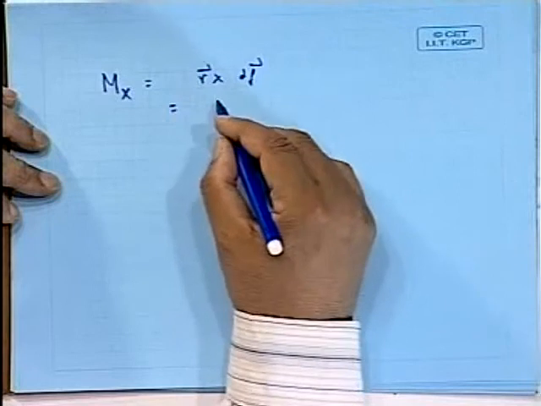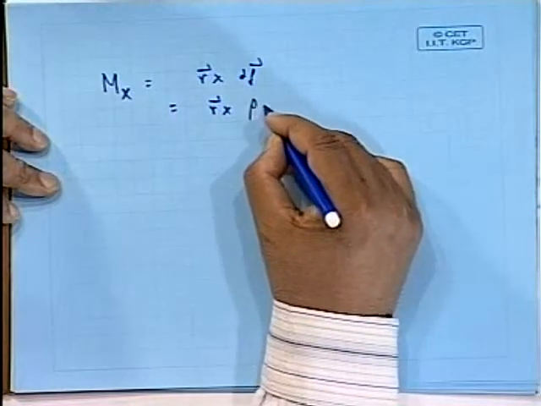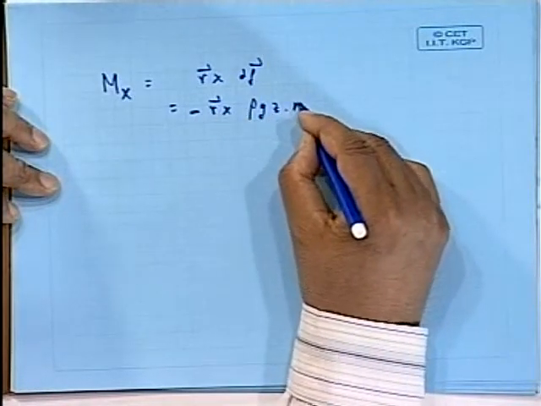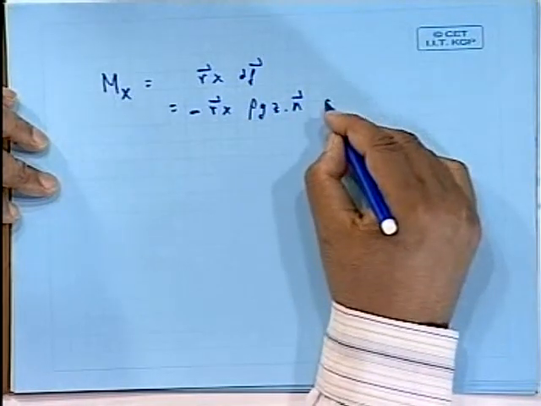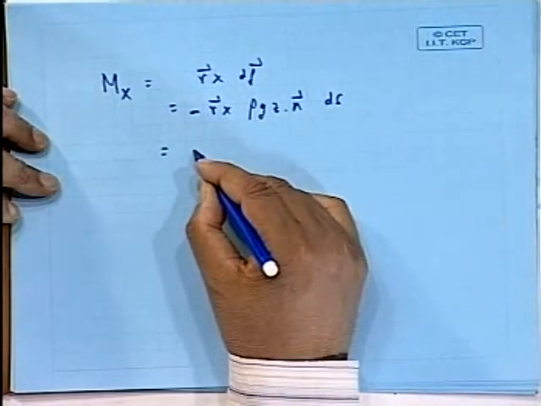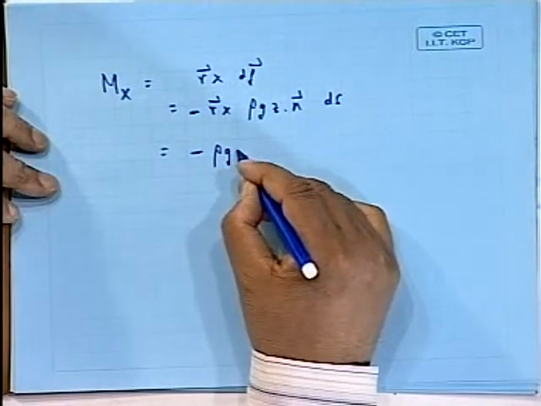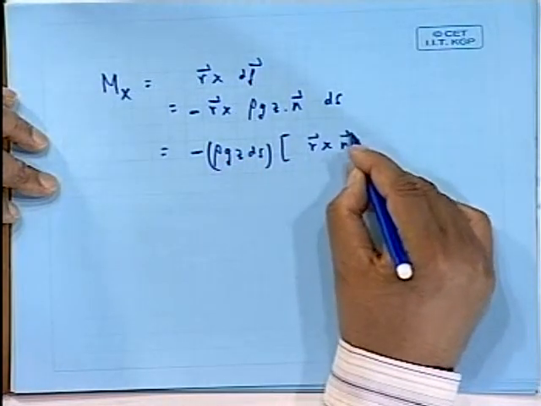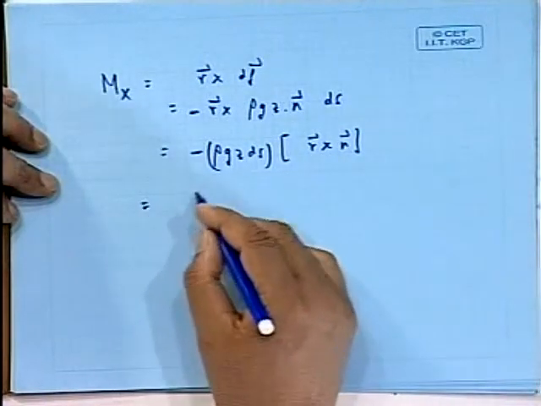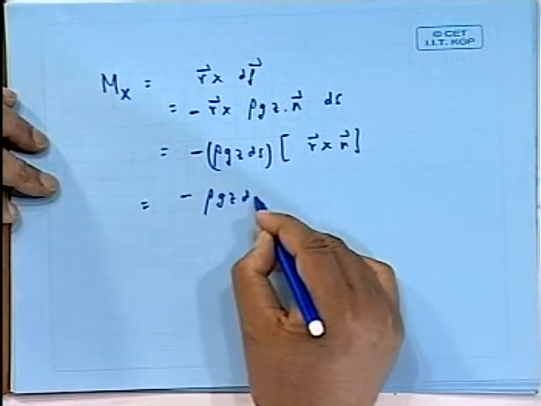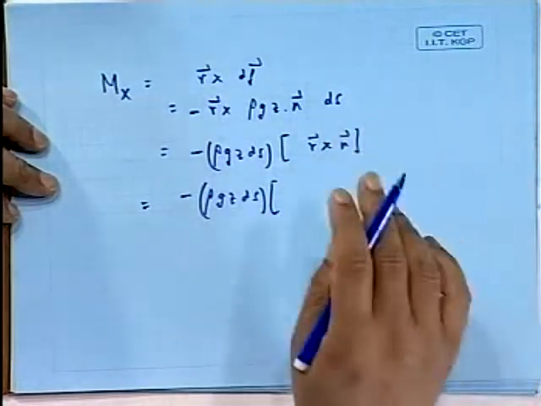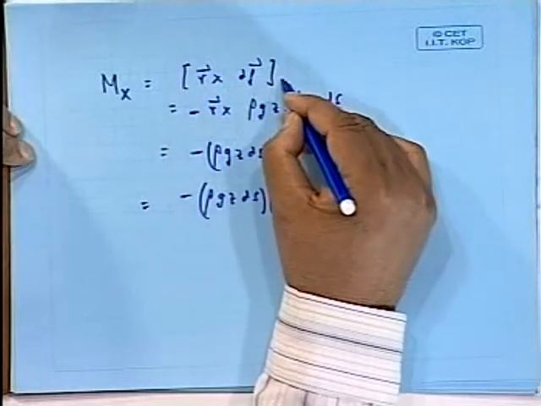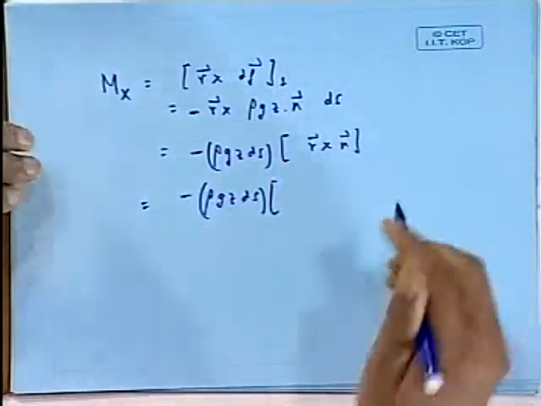It is better to show it this way: r cross rho g z, there is a minus sign there, into n bar ds. This can be taken as minus rho g z ds, which you can take out, times r cross n. R cross n is a vector, sorry, this is actually mx we are doing, so this is the first component of that.